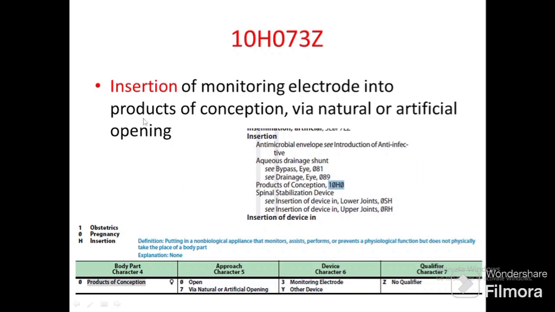So the root operation is insertion, the body part is products of conception, the approach is via natural or artificial opening, the device is monitoring electrode, and no qualifier. The important thing to remember here is that we should use the term insertion from the index.